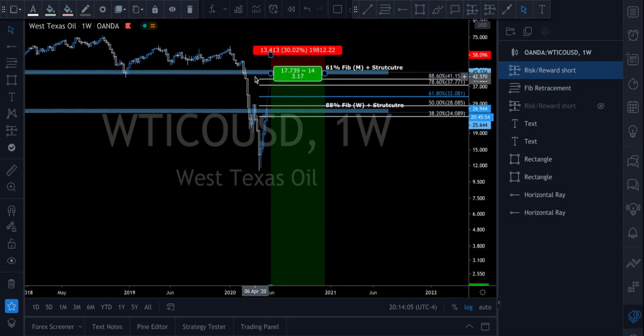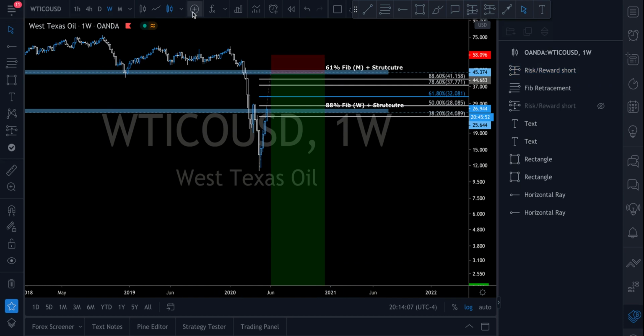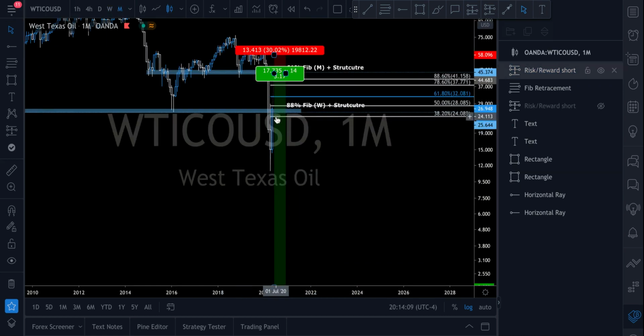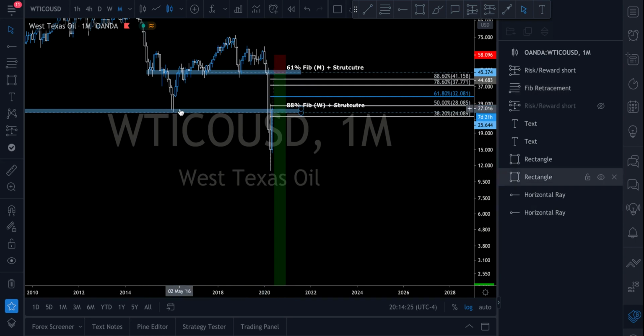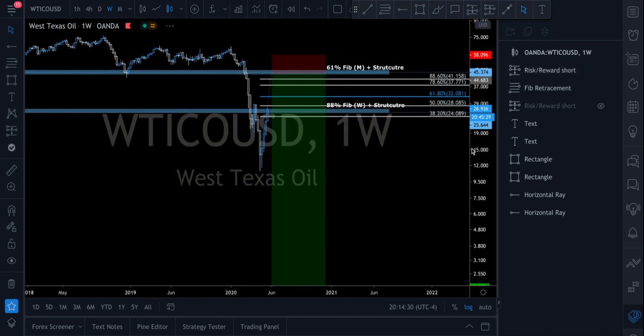Honestly, it does have momentum to go up towards the 61 fib based on this candle, because it didn't really get a lot of momentum, and there wasn't a significant pullback on this particular leg. But that being said, this area is significant. As we saw previously, it does have structure here, and it's also aligning with the 6/8 fib on the weekly time frame.